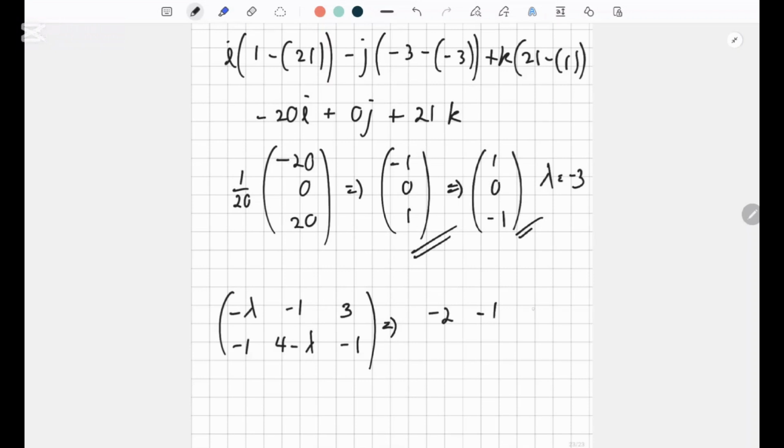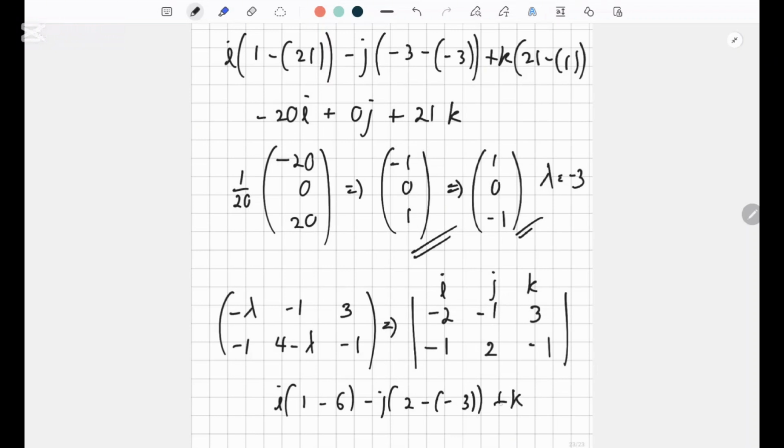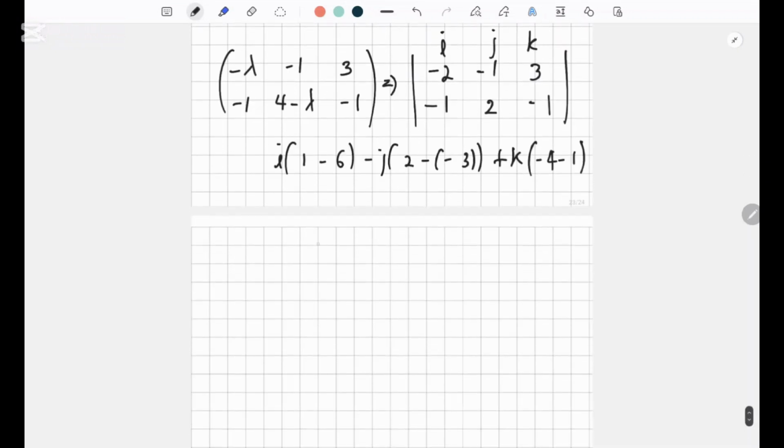This time minus 2, minus 1, 3, minus 1, 4 minus 2 is 2, minus 1, with i, j, k. Same way now: i into 1 minus 6, minus j into 2 minus 3, plus k into minus 4 minus 1. This gives you minus 5i minus 5j minus 5k.